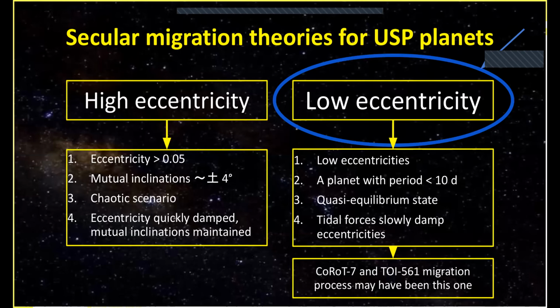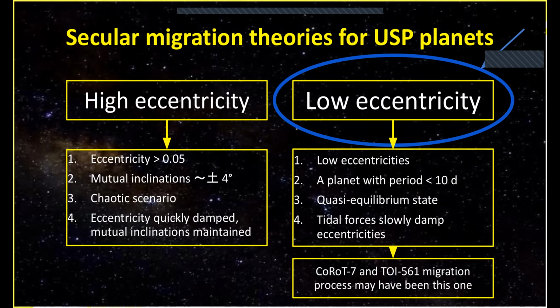Finally, what are the possible considerations we can make on the formation of this system? Actually, we don't know, because the presence of a companion to the main star messes up a little bit what we might know on the formation of USP planets.